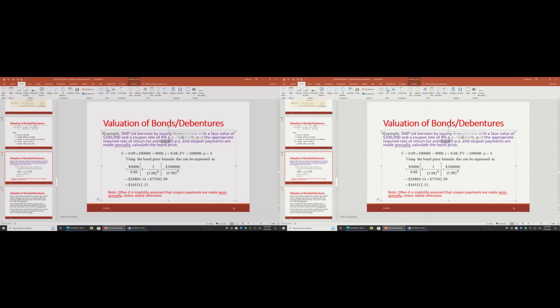And if you go back to the previous example, 9%, the required rate of return is lower than the coupon rate, so the price is higher than the face value. That's selling at a premium. And if the coupon rate is less than the required rate of return, you will have a price less than the face value. That's selling at a discount.